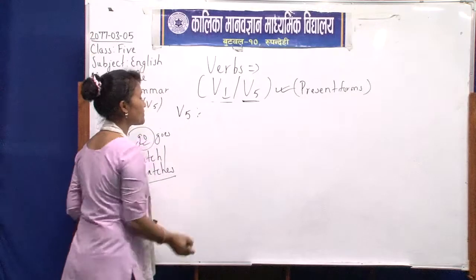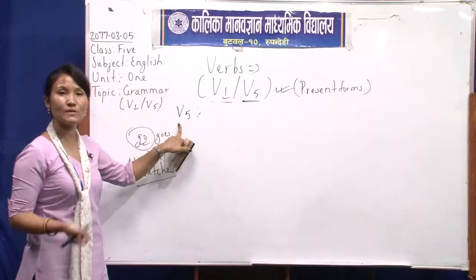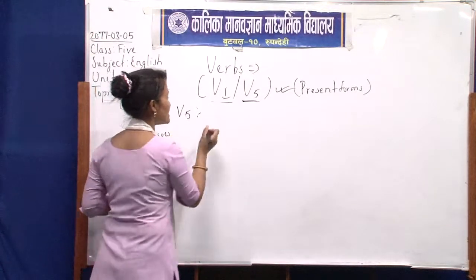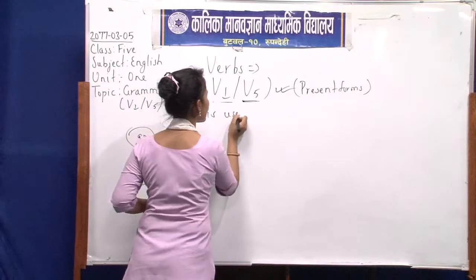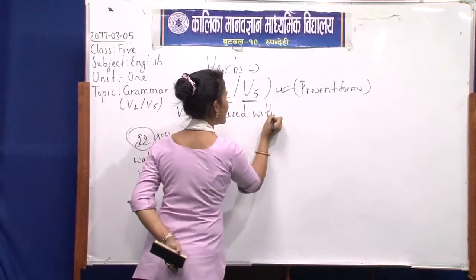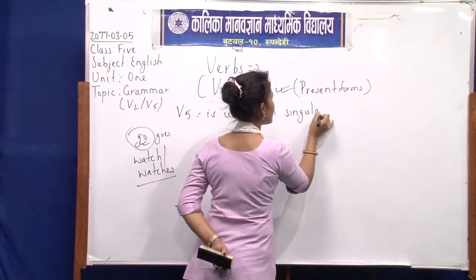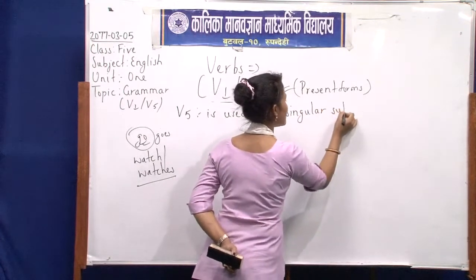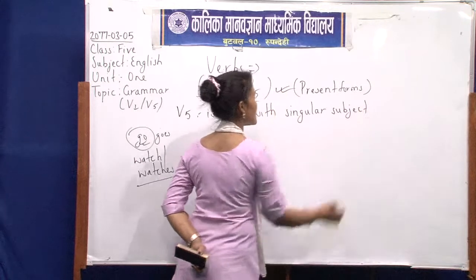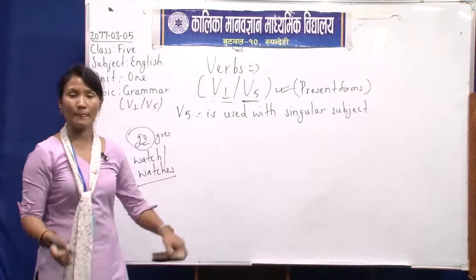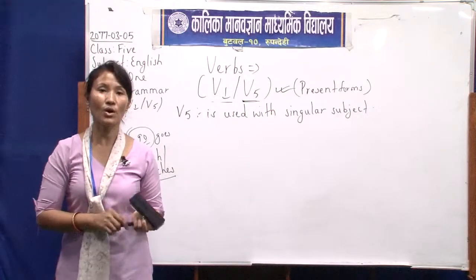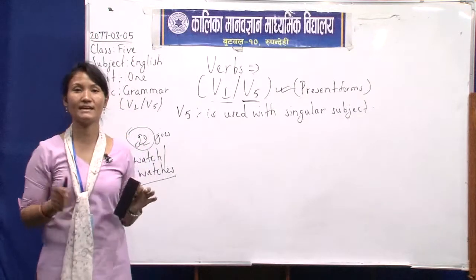Okay, verb 5, right? Now, verb 1 is used with plural, verb 5 is used with singular subject. Singular subject means singular pronoun or what comes? Singular nouns.